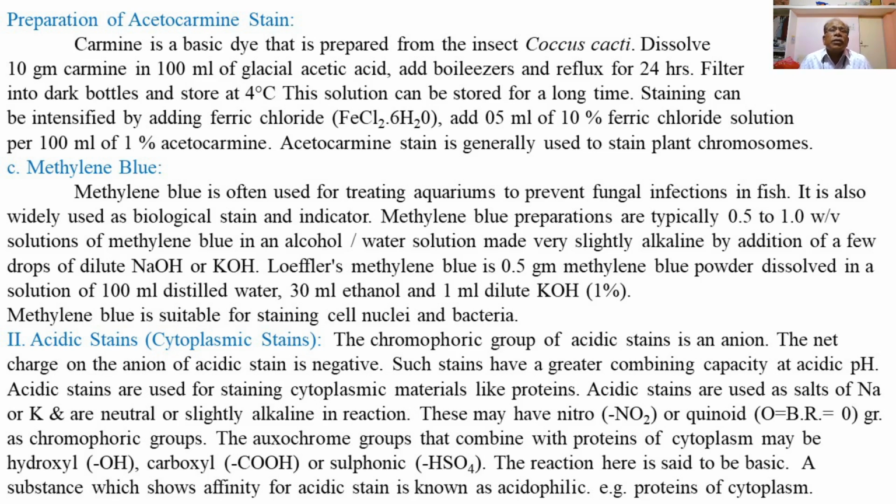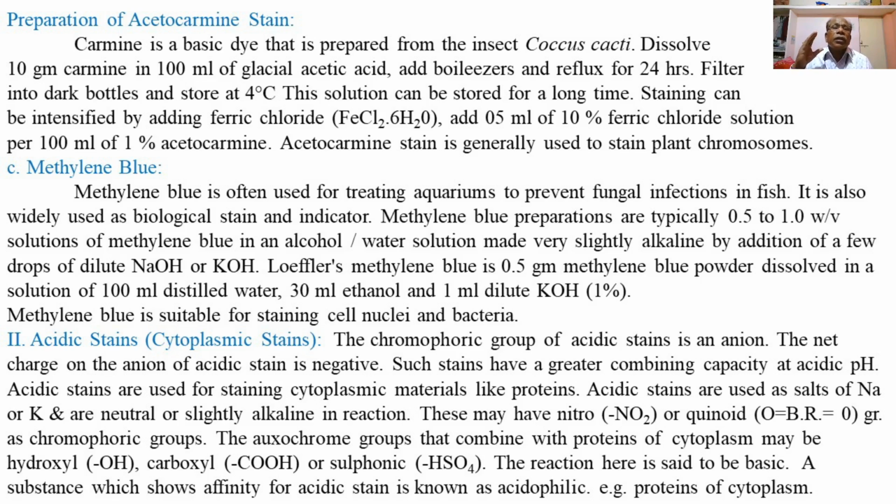This solution can be stored for a long time. The staining of acetocarmine can be intensified or darkened by adding 5 ml of 10% ferric chloride solution per 100 ml of 1% carmine.